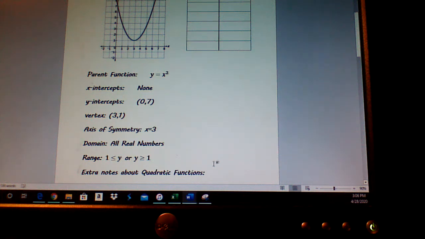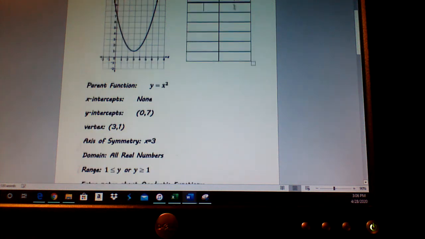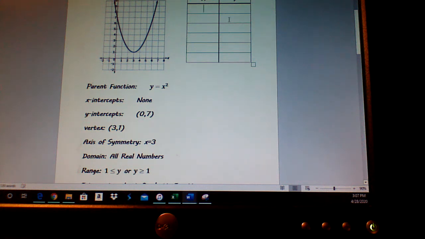Alright, now we didn't go ahead and put in our table. Let's go ahead and do that now. For our table, we just need to put in a few points. So let's put in 0, 7. Then we will put in another coordinate that we see here. Remember, you always want to pick clean points.